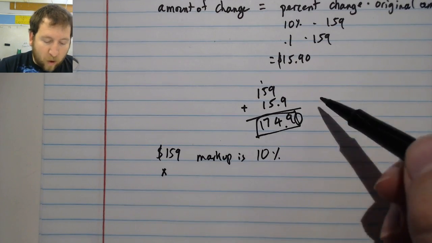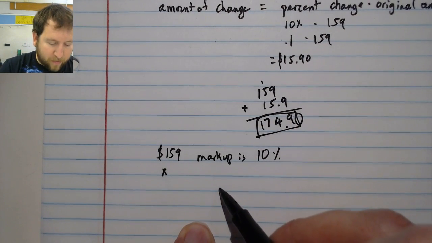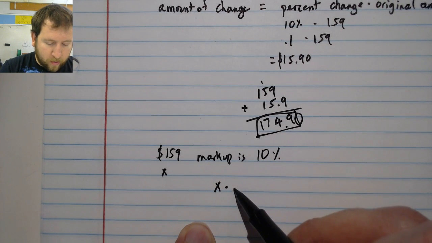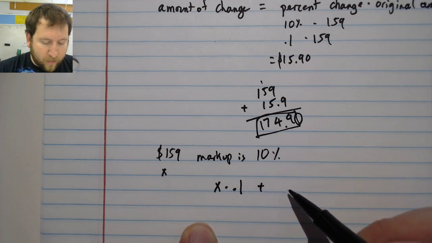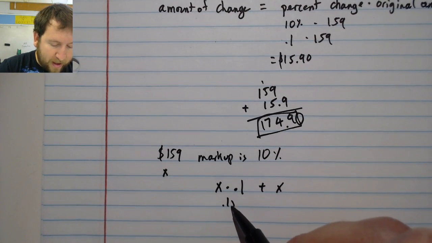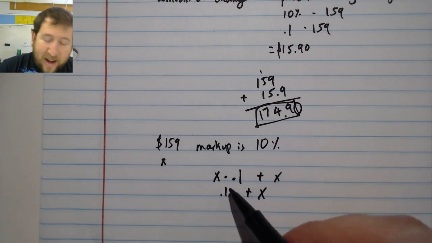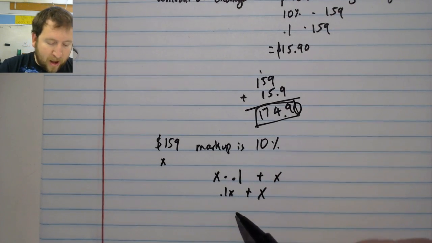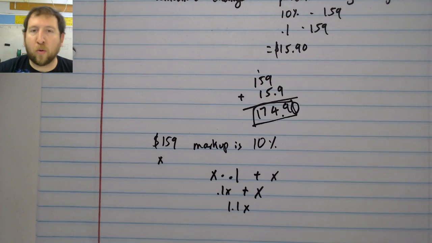What I did up there was take my price times this 0.1, and then add it to my original price. I could write this as 0.1x plus x. And I can add these two together, because if I have 0.1 of something and a whole of something, I have 1.1 of something. So this would give me 1.1x.